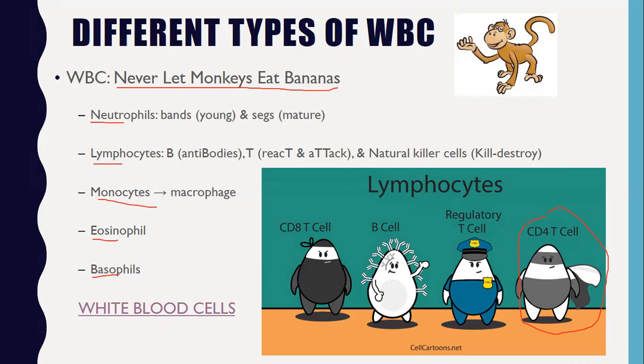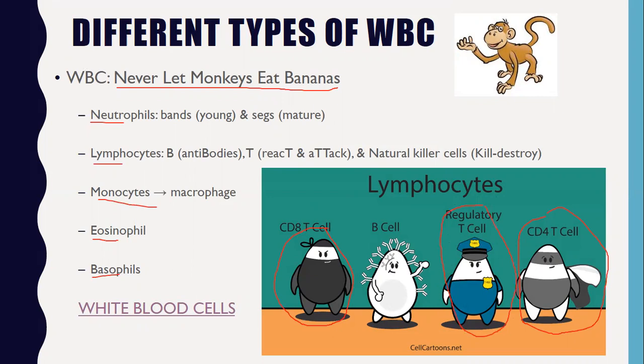The next type is going to be a killer T cell. And so I feel like obviously this ninja here is our killer T cell. He's coming to directly attack the pathogen. Your suppressor T cells are going to regulate the immune response and keep it in check. So that is this guy here, the suppressor T cell or regulatory T cell.